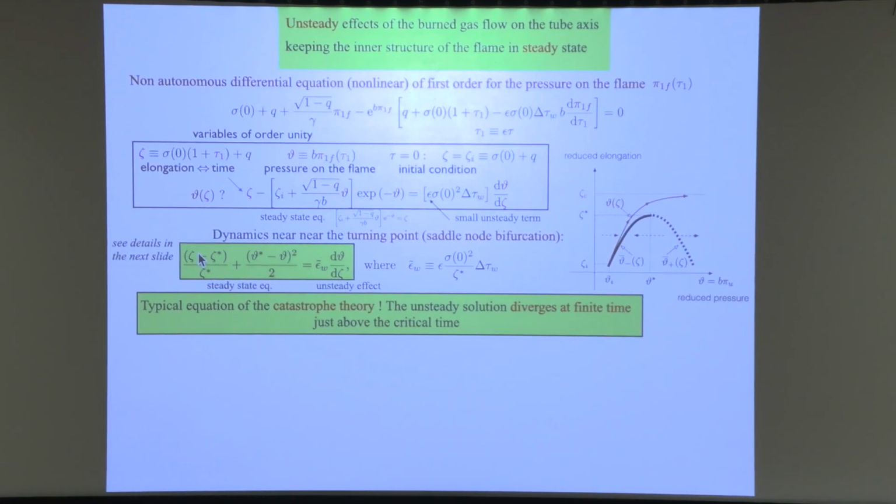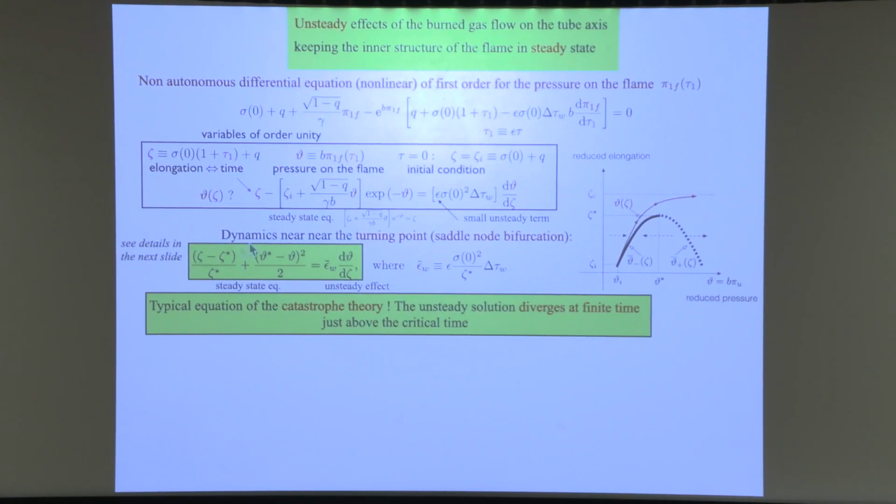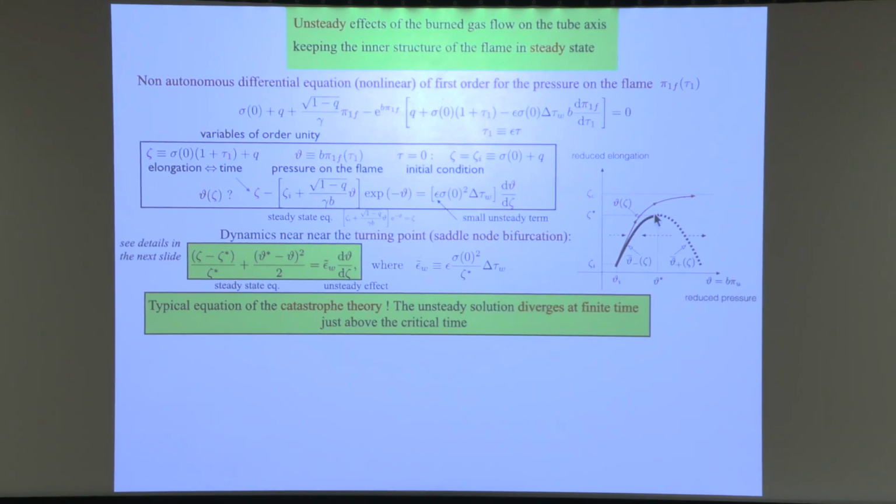What you are going to find is the following: this is the solution in black, the physical solution of the equation with 0 here. Now, because you have this term, you have a divergence in finite time. This I call T star. Call it TC.